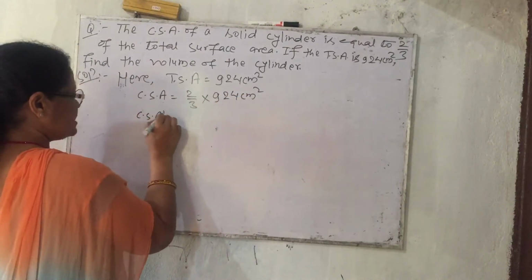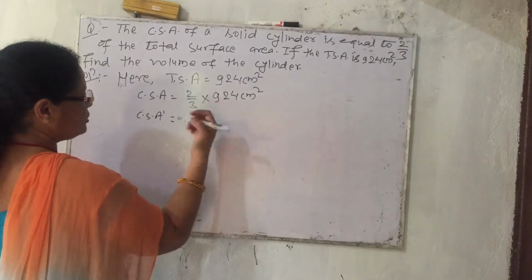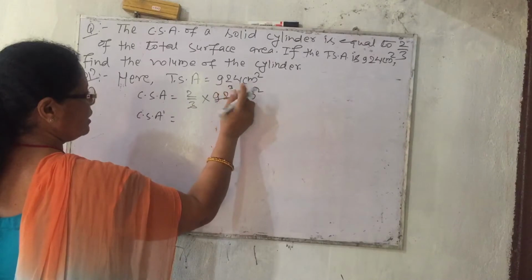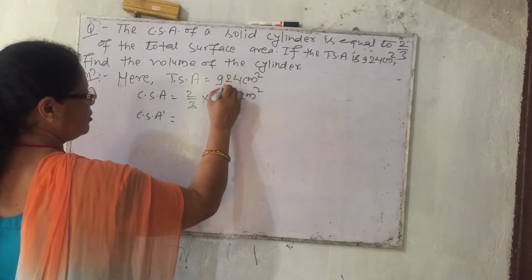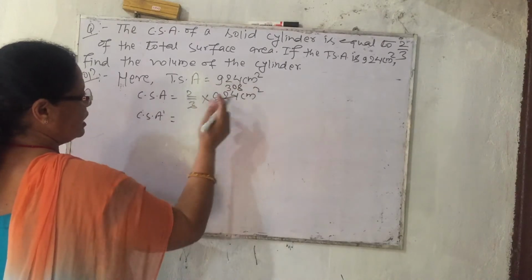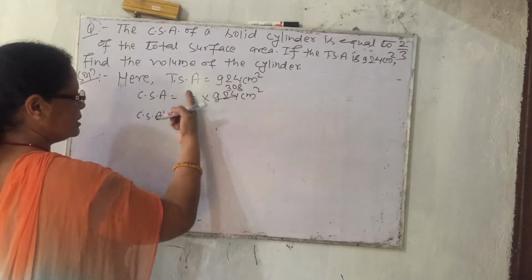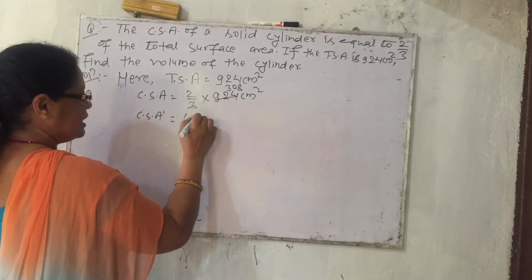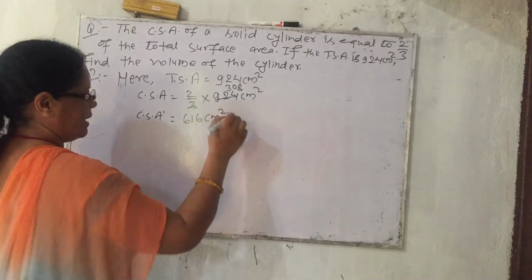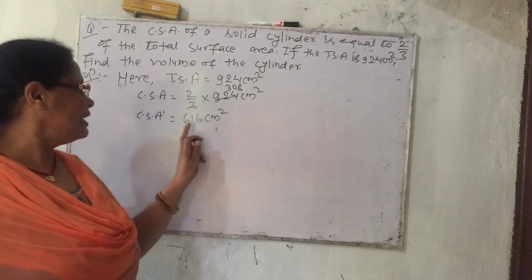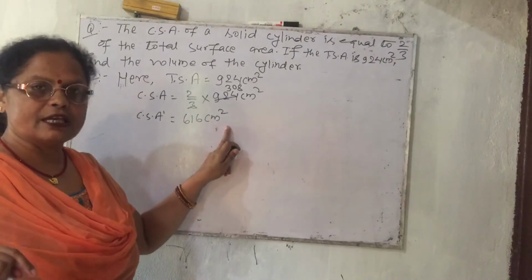After cancelling, it will be how much? 3 into 308, means 308 into 2, that will be 616 cm square. That is its CSA. Curved surface area is 616 cm square.